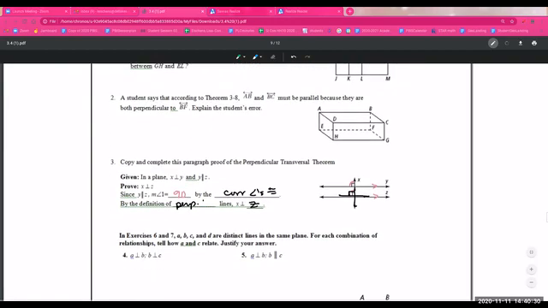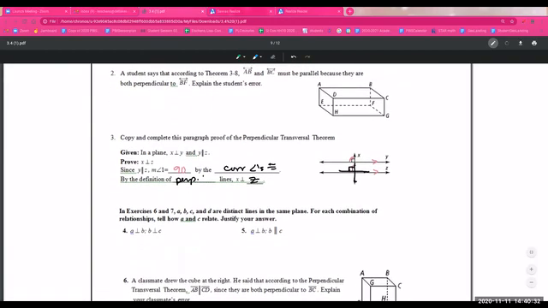Here you have a proof, and I've gotten that started for you. You're given that X and Y are perpendicular, and that Y and Z are parallel. So you have to prove that X is perpendicular to Z also.